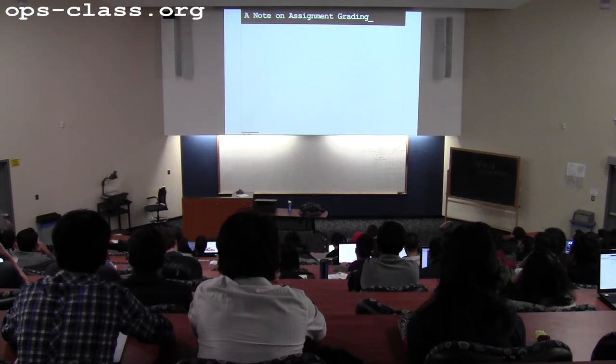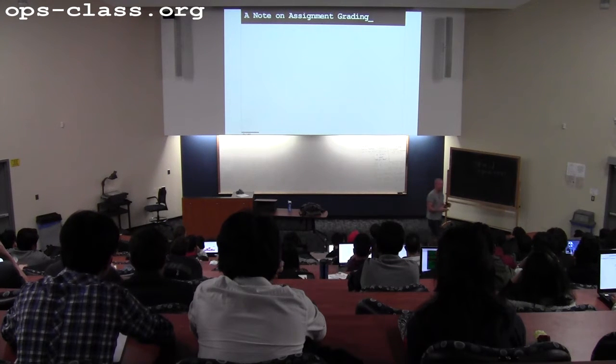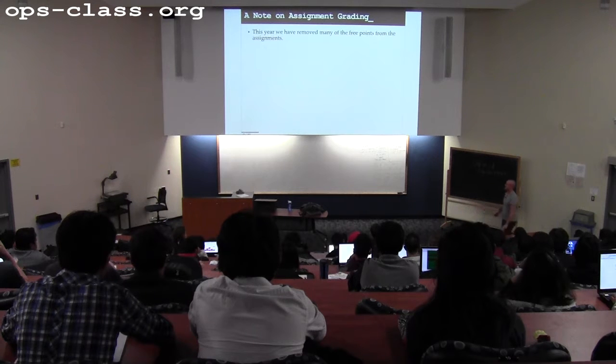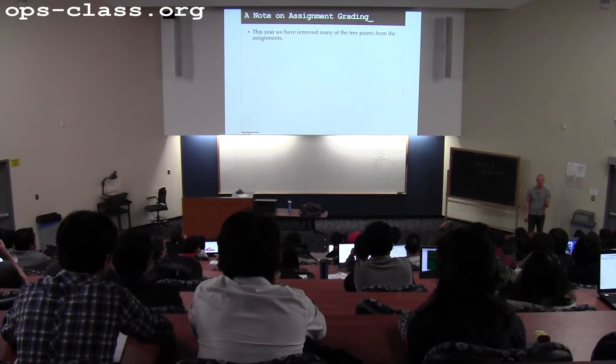So this year, the grading on the assignments is going to be a little bit different. The assignments are essentially the same, but in the past, there was maybe 50% of each assignment that you could kind of get for free because they were things like code reading questions that just require you to use grep or something.